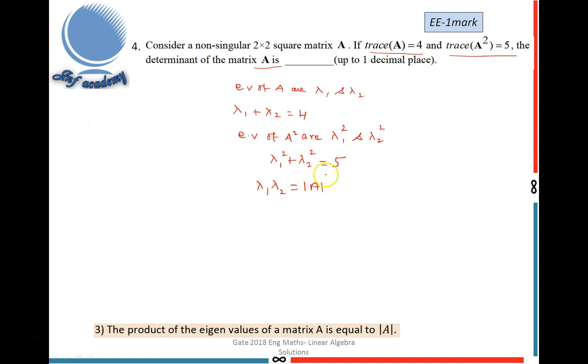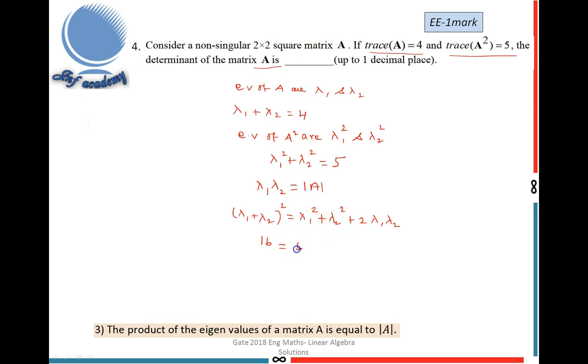Using these two equations, I find lambda 1 into lambda 2. Lambda 1 plus lambda 2 whole square equals lambda 1 square plus lambda 2 square plus 2 lambda 1 lambda 2. Lambda 1 plus lambda 2 is 4, so 4 square is 16. Lambda 1 square plus lambda 2 square is 5.